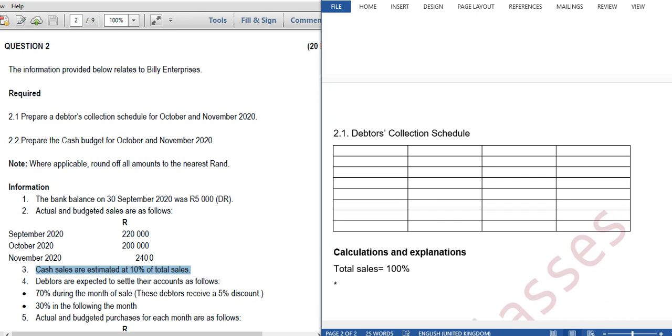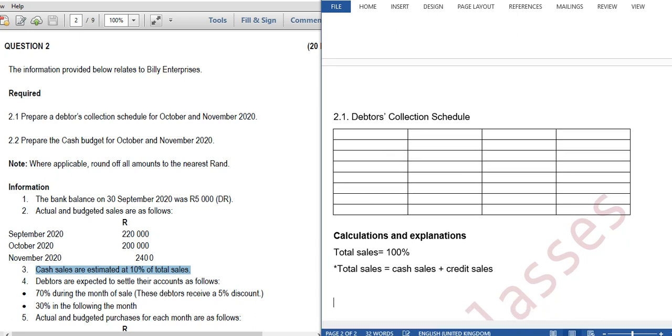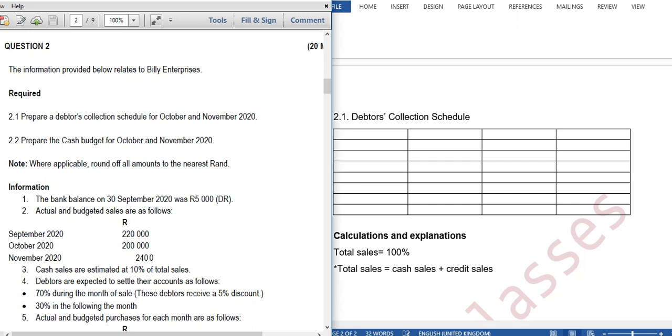So total sales equals cash sales plus credit sales. So in the question, what did they tell us?